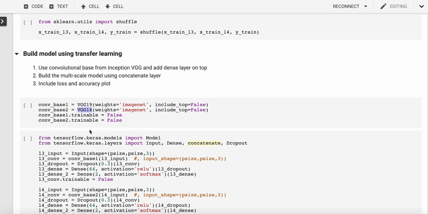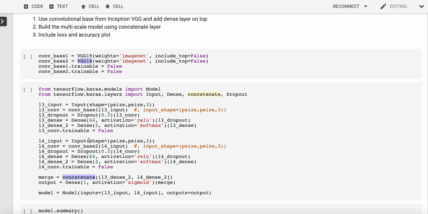I wanted to build this model where it takes two inputs, the level 3 and level 4 patches. I did a little research on this, and I think the recommended way is to use the so-called functional API.